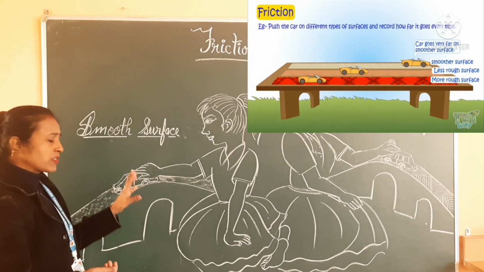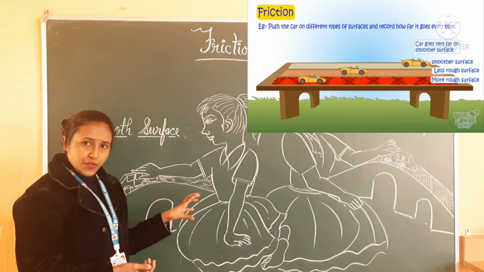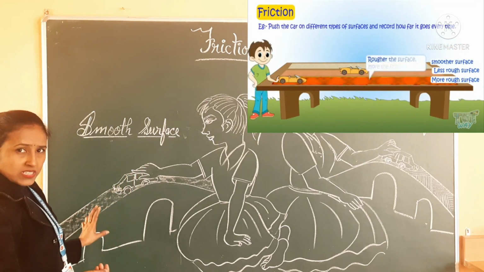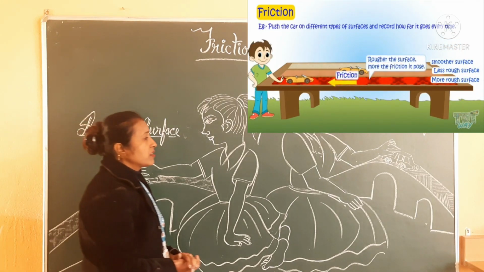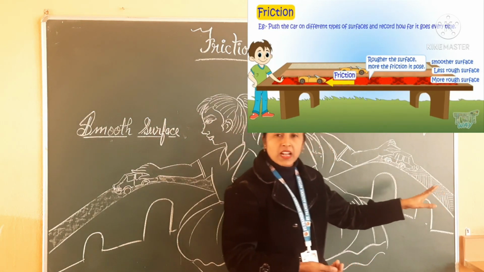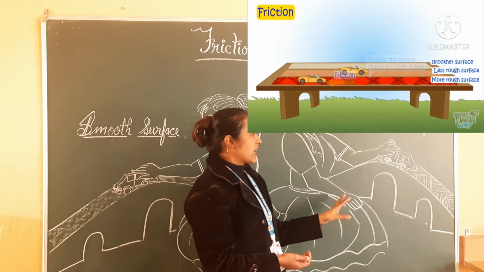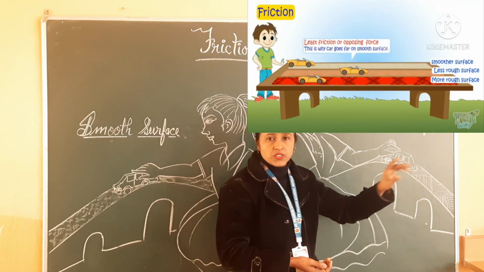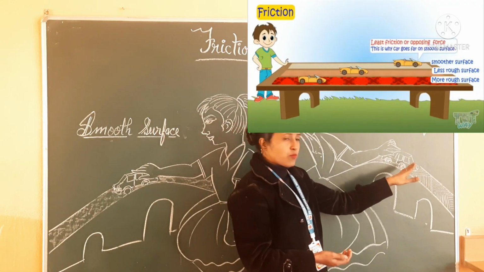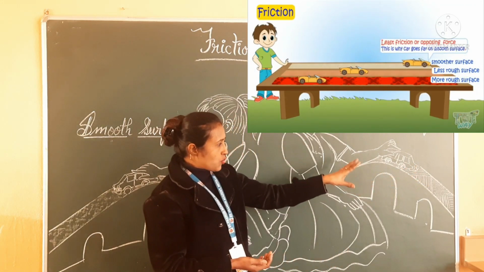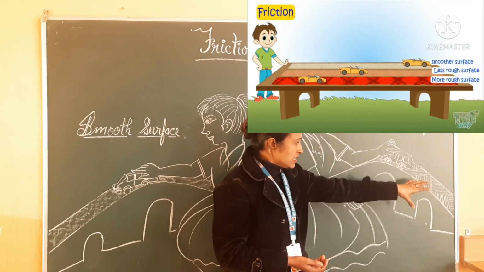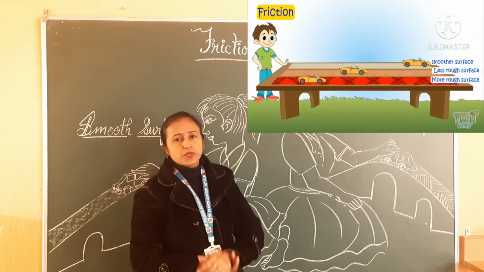The smooth surface has very little friction, so the car moves very easily and very fast. But the girl moves her car on the rough surface, and that is quite problematic because there is very high friction. Friction opposes the movement of any object, so the car runs, and after some time it stops.